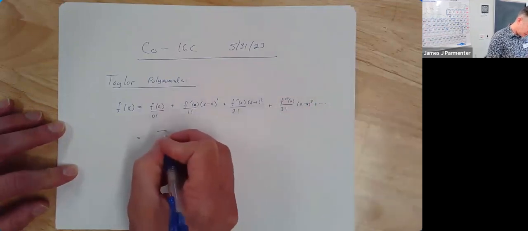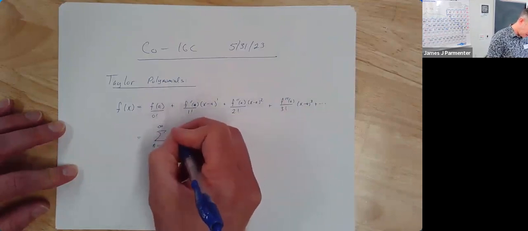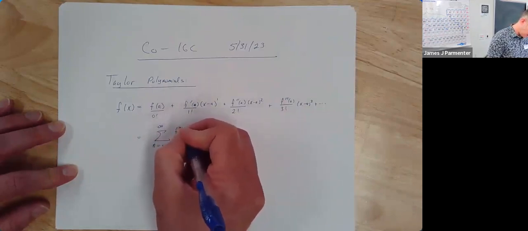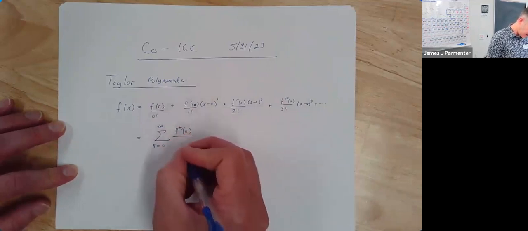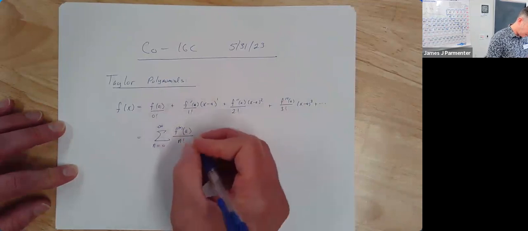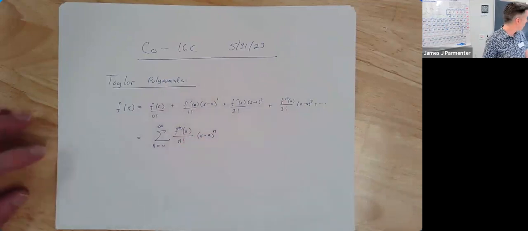And this is equal to the sum n equals 0 to infinity of the nth derivative of f evaluated at the center a over n factorial times x minus the center to the nth power.